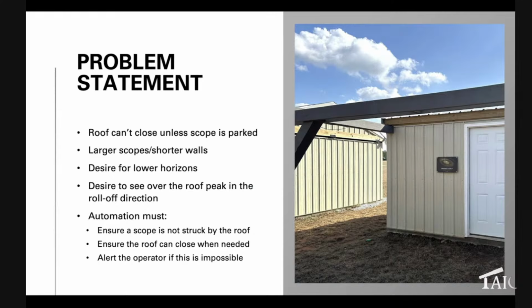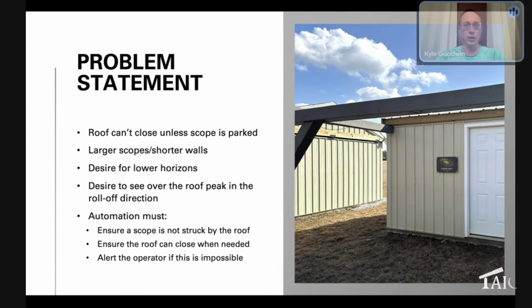And you also don't want the observatory to be stuck open with the rain coming in, or something like that, getting all over everything. Although I'll say I have had rain in my observatory, so we've learned all of these lessons the hard way, certainly. And it's not the end of the world if you get rain in your observatory.